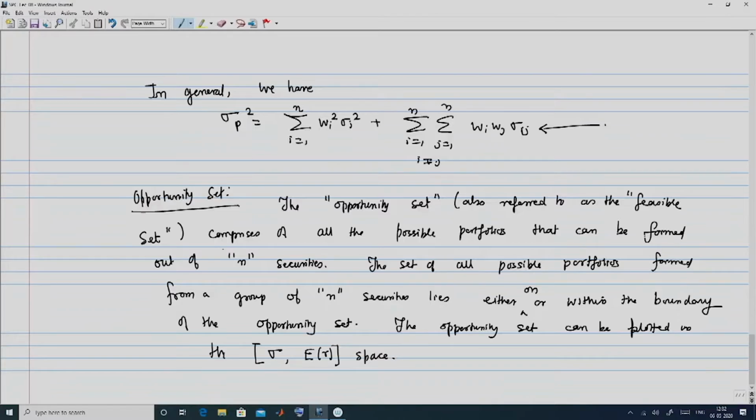So, just to do a recap of the opportunity set, I have made two observations. The first is that the opportunity set, which is sometimes called the feasible set, comprises of all the possible portfolios that can be formed out of the n securities. So, essentially this means that if you have n number of securities, you can choose different combinations of weights for each of those securities in the portfolio, of course, provided that the sum of the weights is always equal to 1.